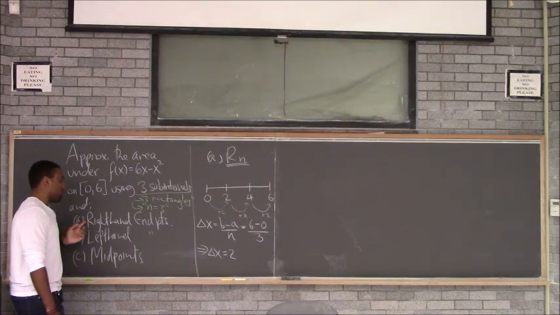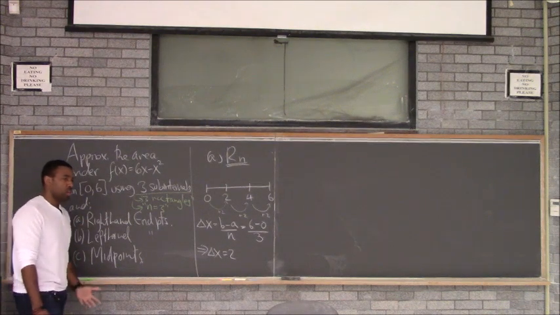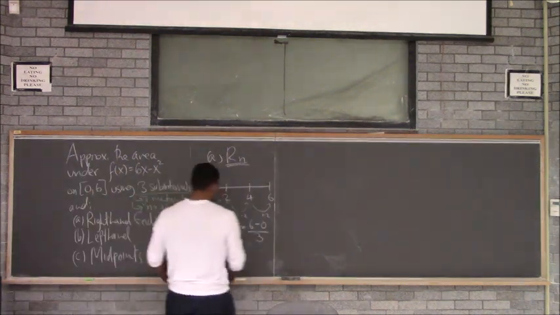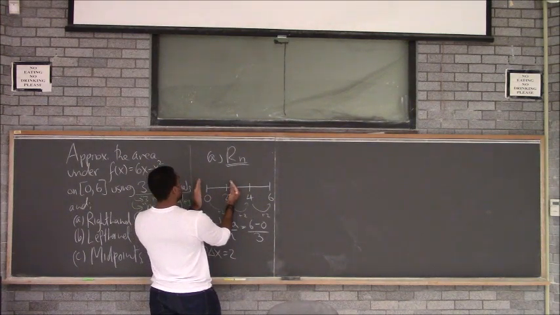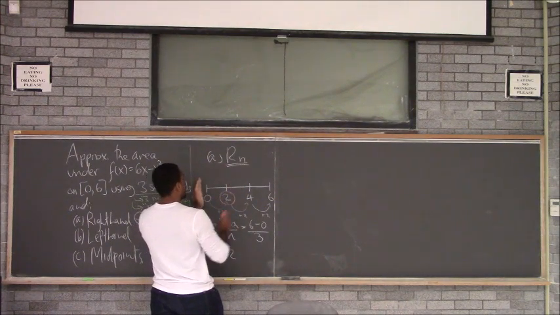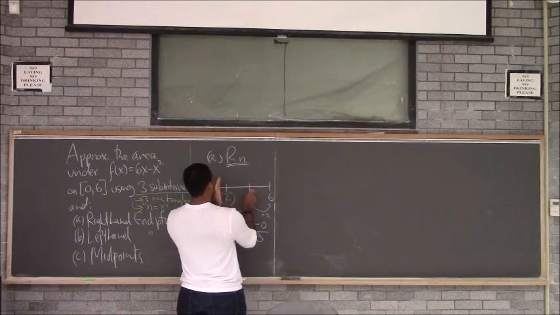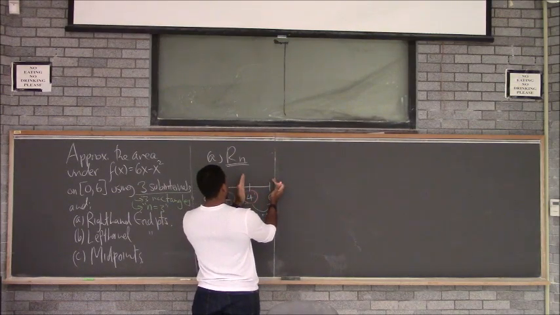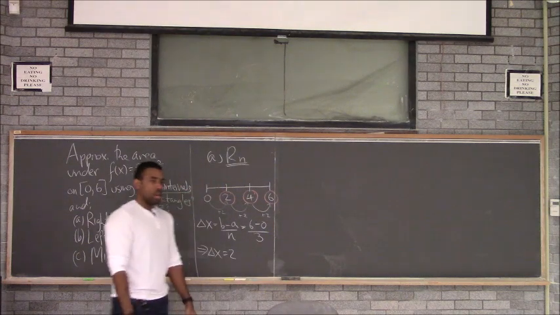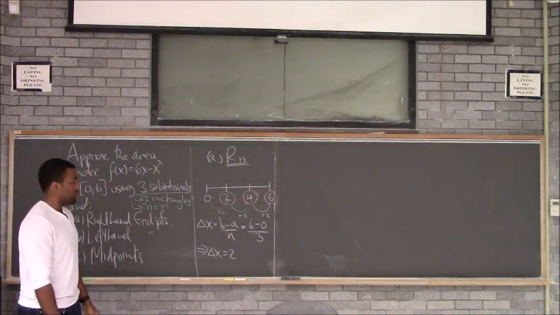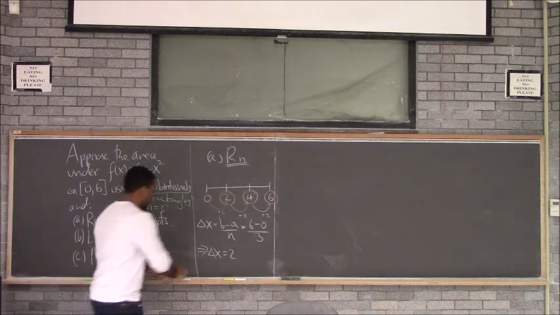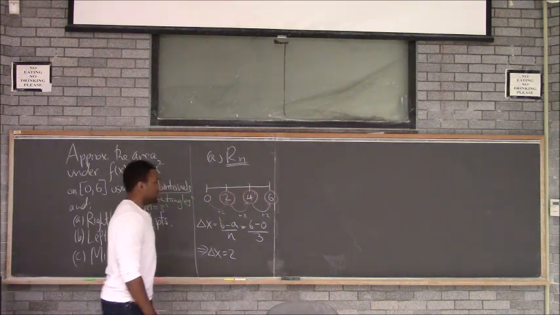The right-hand rule tells me to choose the points on the right side. For every subinterval, I choose the point on the right. In the 0 to 2 subinterval, 2 is on the right. In the 2 to 4 subinterval, 4 is on the right. In the 4 to 6 subinterval, 6 is on the right. I'm just going to go through and pick all the numbers on the right side of the subinterval, and those are going to be the points of interest.